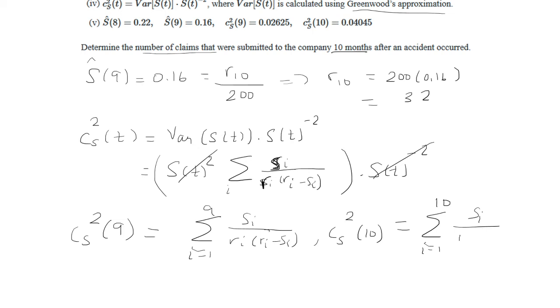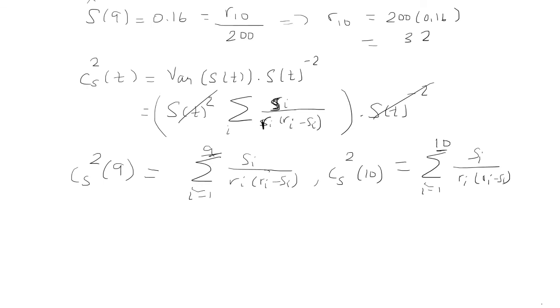So the difference between these two is that it's going from 9 to 10, so the difference is the 10th term. That's S of 10 over R of 10 times R of 10 minus S of 10.